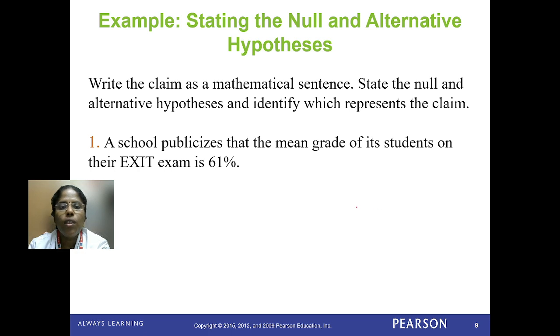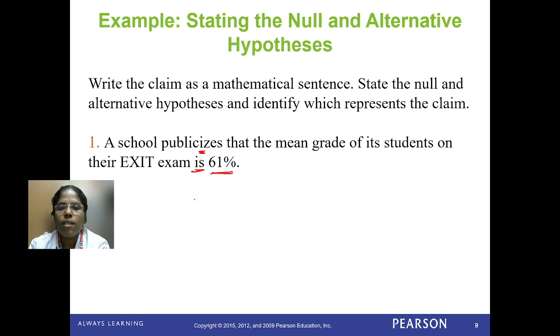So here they have given "is". "Is" means equal sign. We already know how to convert a verbal statement to a mathematical statement: for the word "is" we always use the equal sign. So we need to take mu is equal to 61%, that is 0.61, as the null hypothesis.